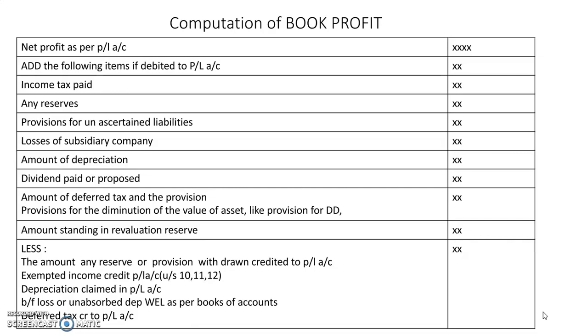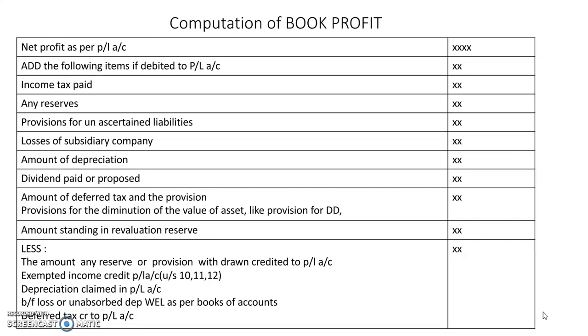Those expenses are to be added back to get the book profit, like the income tax paid, any reserves, provisions for any unascertained liabilities, any loss of the subsidiary company, any amount of depreciation, dividend paid or proposed, any deferred tax, and any diminution in the value of assets like provisions for doubtful debts, and any amount standing in the revaluation reserves.